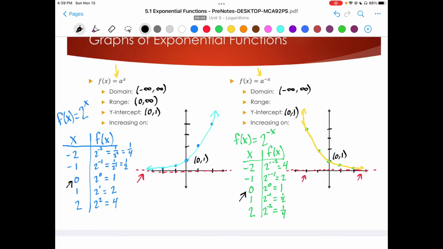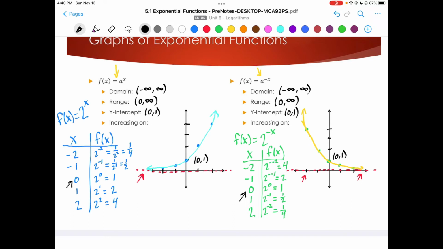Now remember, the ranges aren't x comma y. This is y values when we're talking about. This is an interval on the y spectrum, the possible y values that can go in. So don't confuse it with an ordered pair. The range on this one happens to be the same, 0 to infinity.